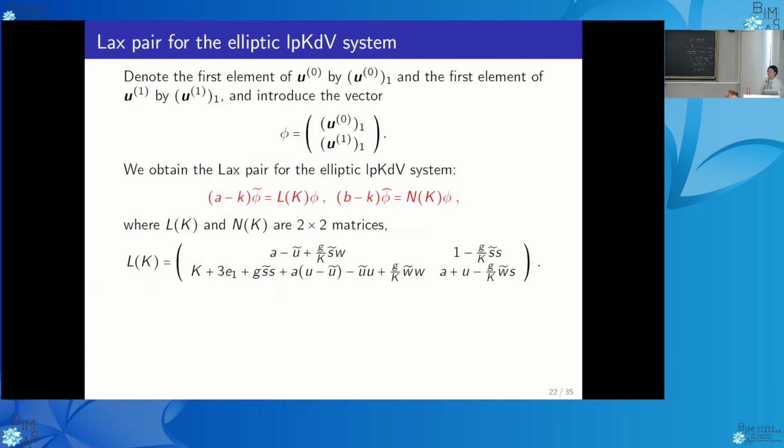Also, we can get its Lax pair from the Cauchy matrix approach by denoting the first element of U0, which is the auxiliary vector we introduced before. Here L and N are 2 by 2 matrices.